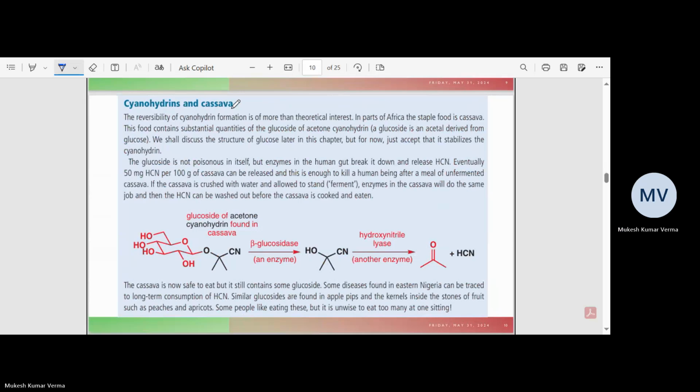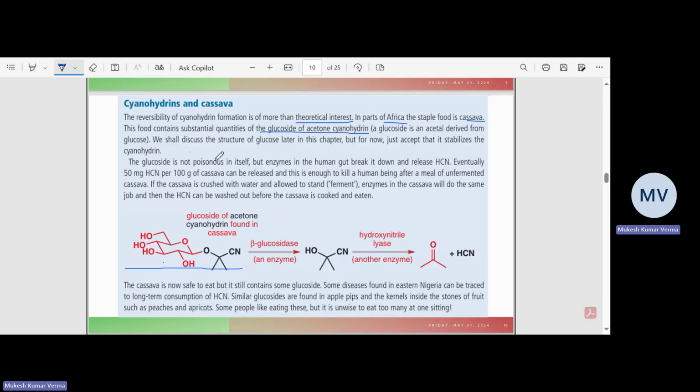Cyanohydrins are also found in food. In parts of Africa, a staple food is cassava. Cassava contains glycosides of acetone cyanohydrin.